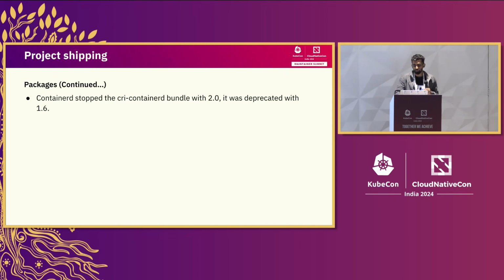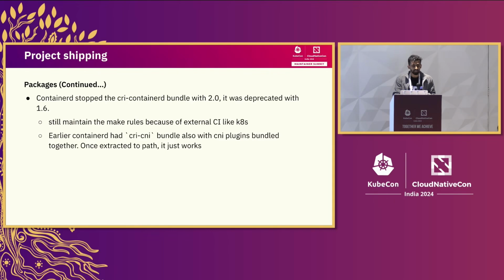This is because we are not able to support it and we don't want to maintain it officially, but it is still available for whoever wants to use it, because it is tested from external infras. Like the Kubernetes CI actually uses this bundle to bootstrap their nodes in the cluster.